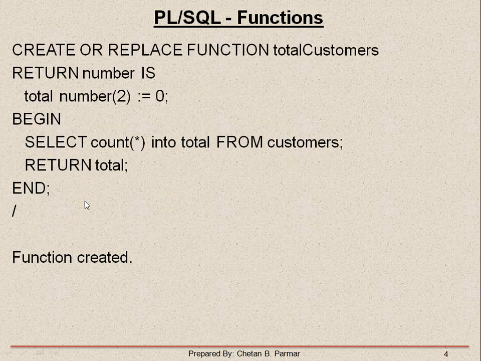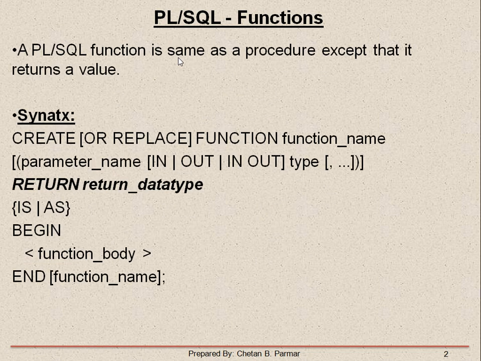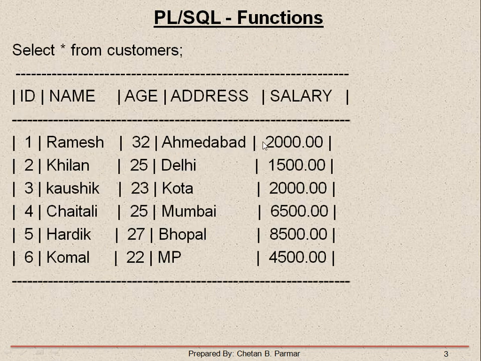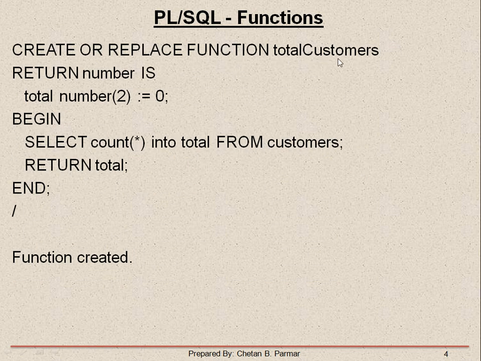For that I am writing create or replace, as we saw in the syntax, then the keyword function and the name of the function. I am using total customer as the name of the function. Then return number, which is the type of value to be returned. Then the is keyword, and here is the declaration section.